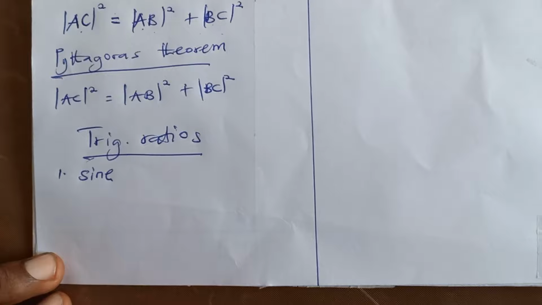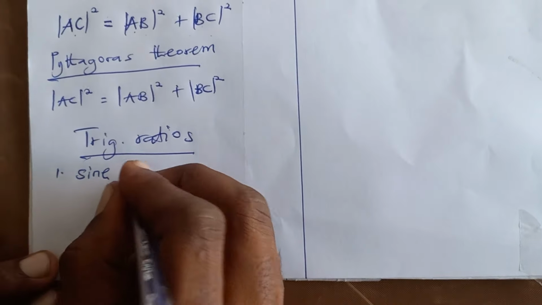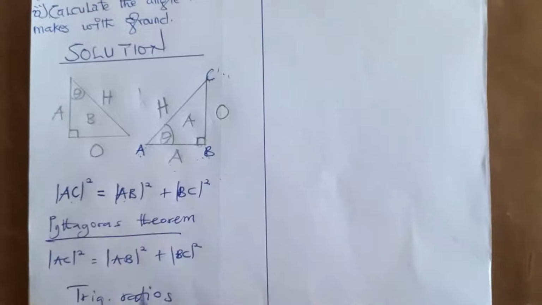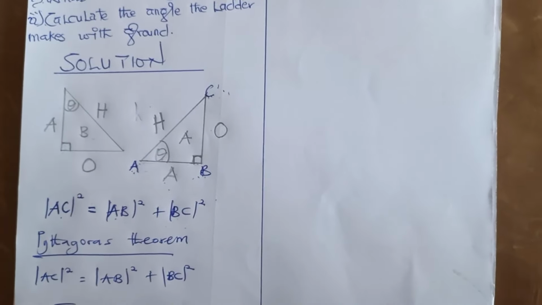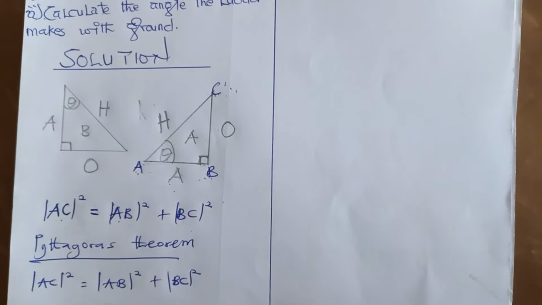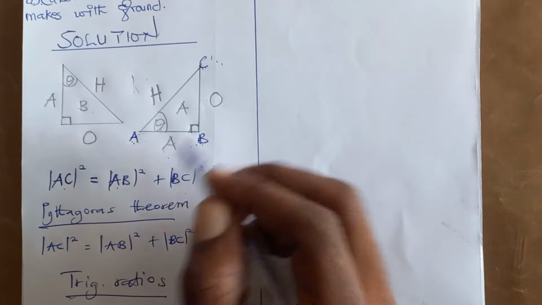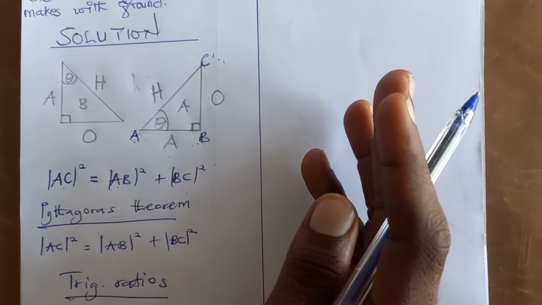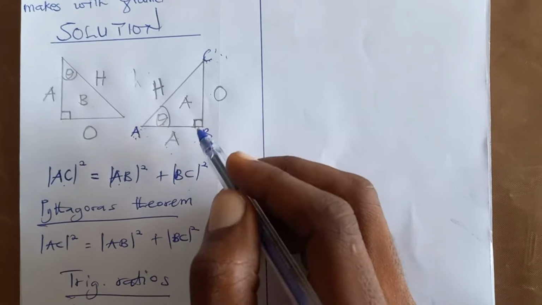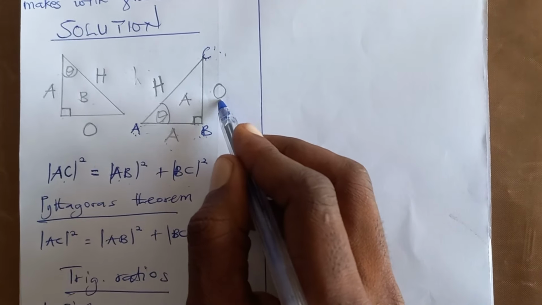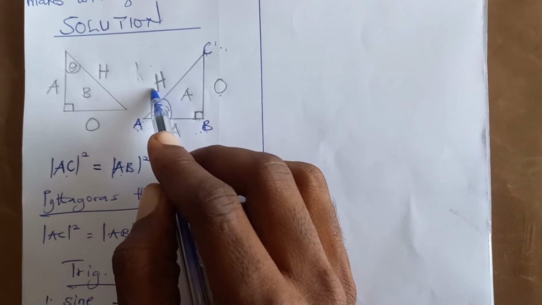What is this sine? So we say that the sine, when you take this right angle triangle and we talk about sine, it means that it is opposite over hypotenuse. So this is our opposite and this is our hypotenuse.